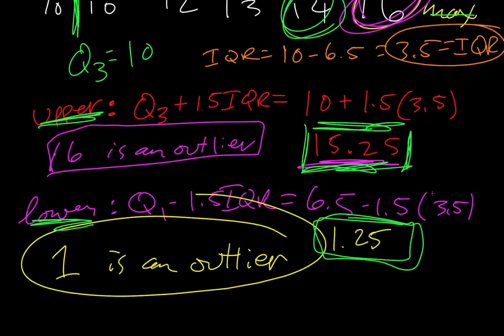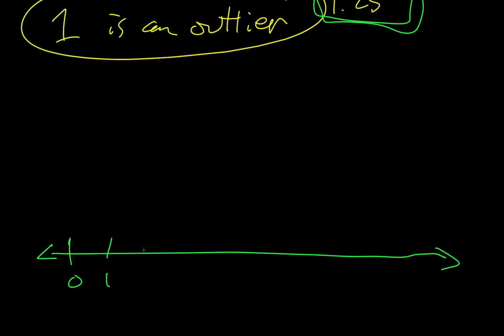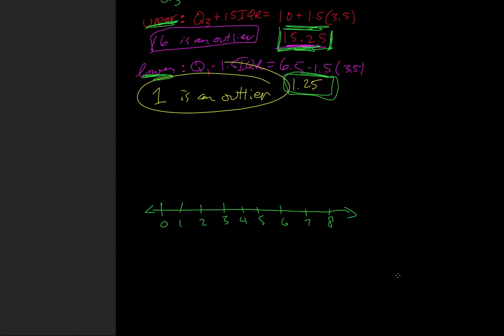Okay, so when we're drawing our diagram, we're going to go from 0, 1, 2, 3, 4, 5, 6, 7, 8. I didn't leave nearly enough room for that.